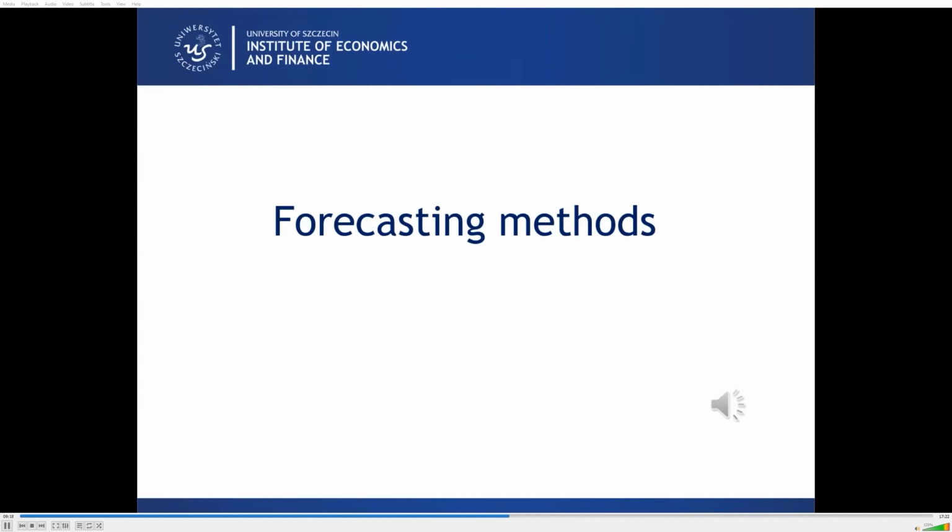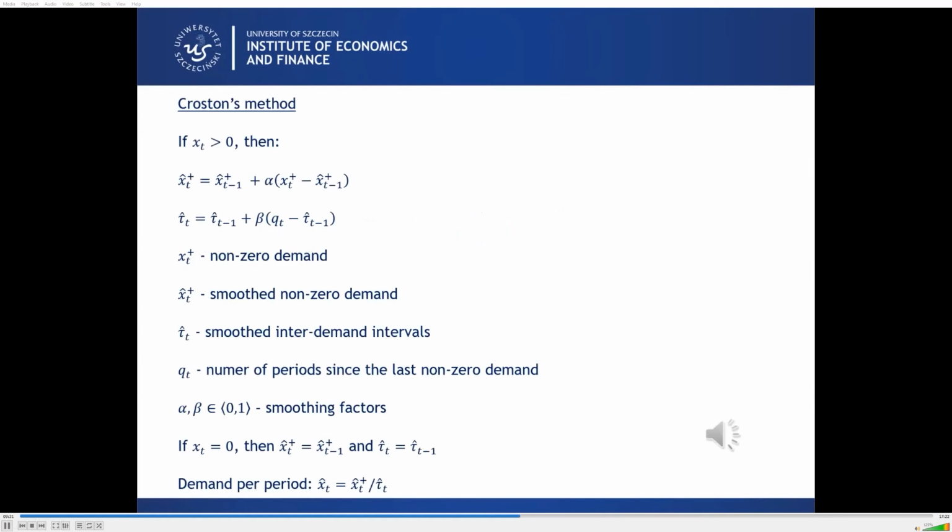In the empirical example, I will use, among others, Croston's method and the TSB method. Croston's method is probably the best known intermittent demand forecasting method. In this method, simple exponential smoothing is applied separately to non-zero demand and inter-demand intervals. The adjustment takes place only if non-zero demand appears.